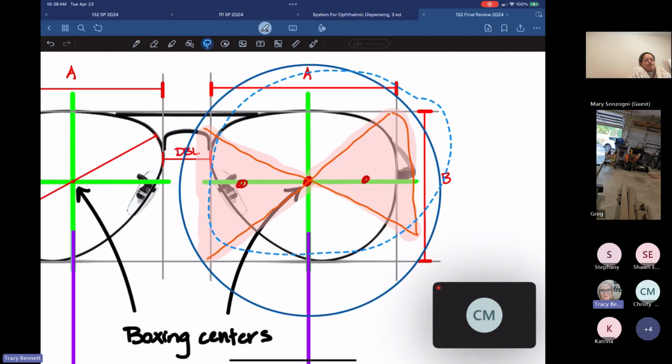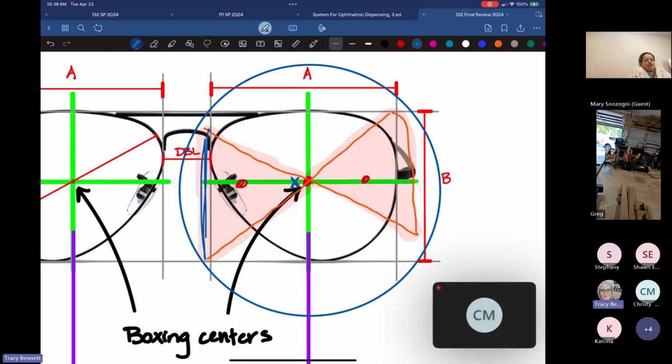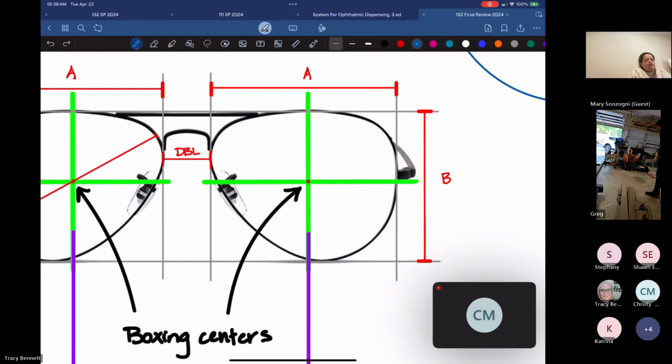But since we didn't do any decentration, we ended up with this setup where the OC was at the boxing center and the eye was actually right about here somewhere. And so that's how we end up with that base in prism right here. Does that make sense?